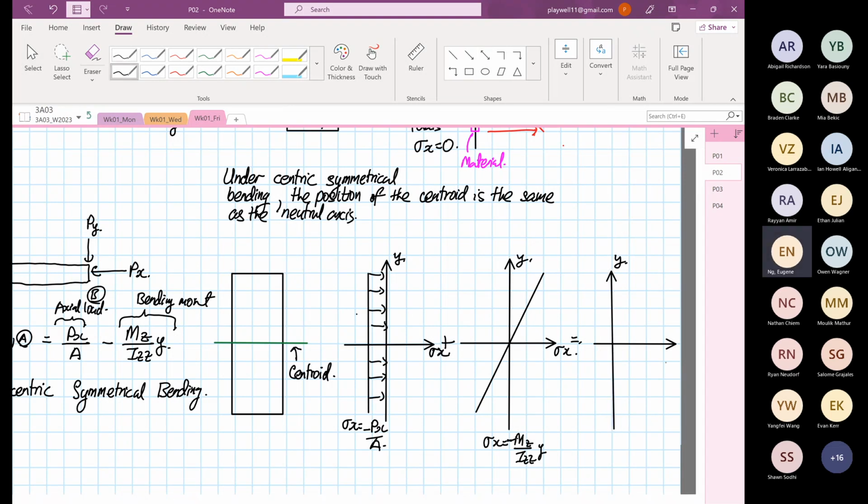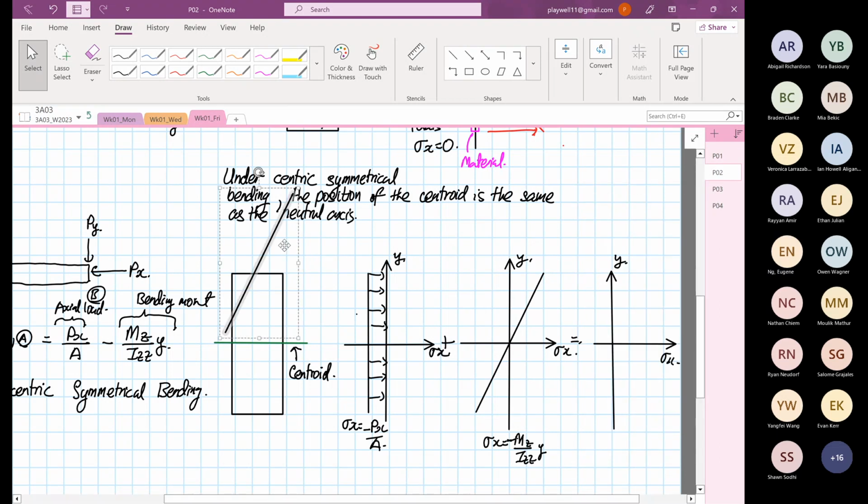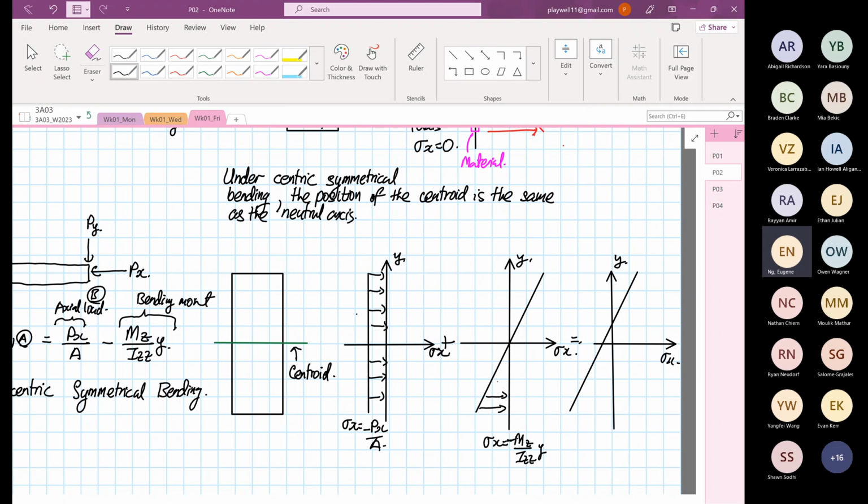So this is our Y, this is our stress X. If you add both of them together, the slope is the same, but now what happened is this. The bottom is still compression, but when you add both together, the top end is tension.